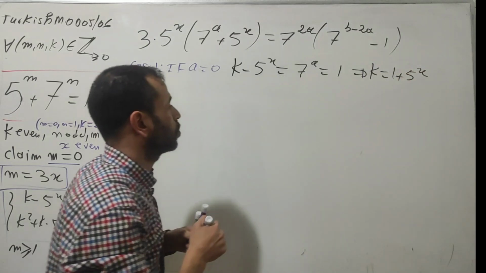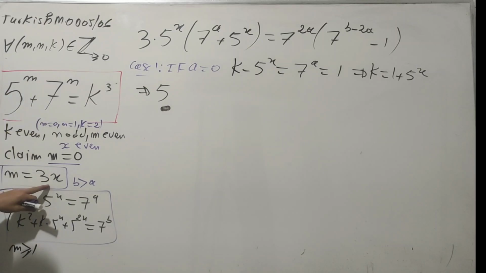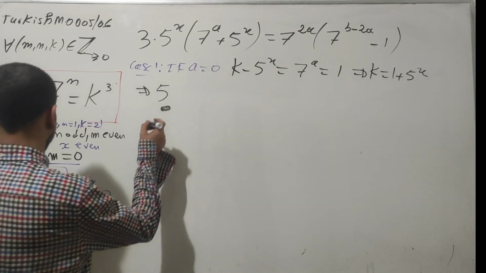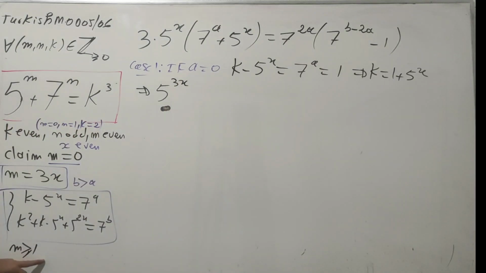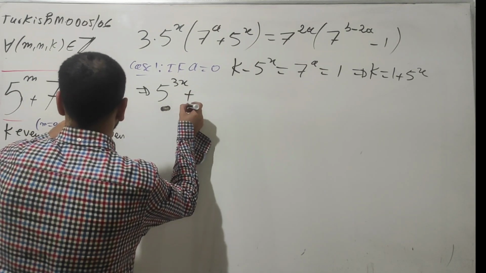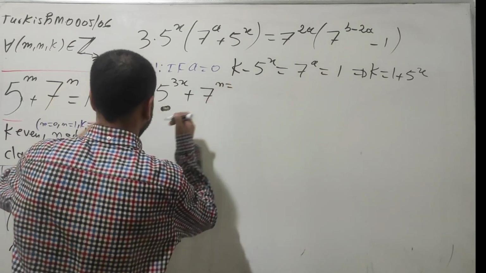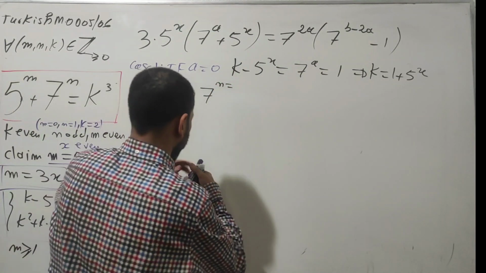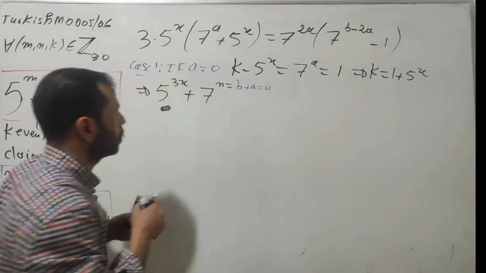I'm going to take this value of k and insert it back into the original equation, okay? M is going to be replaced with 3x, as we have proven before. I get 5 to the 3x, because remember, always we are working with m greater than or equal to 1, plus 7 to the n. Also, 7 to the n will be replaced with b, because a was 0, okay?